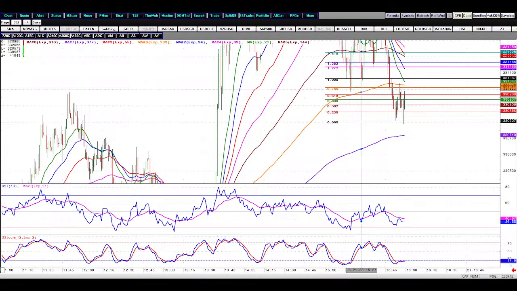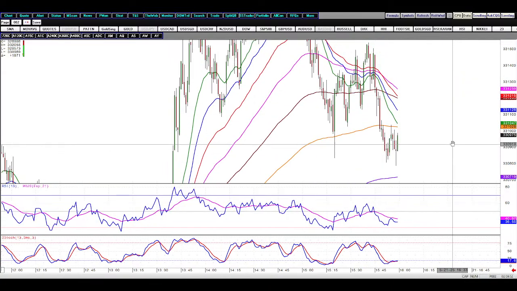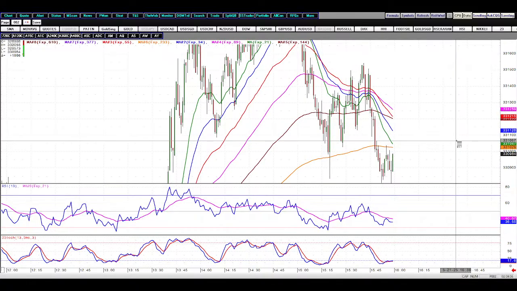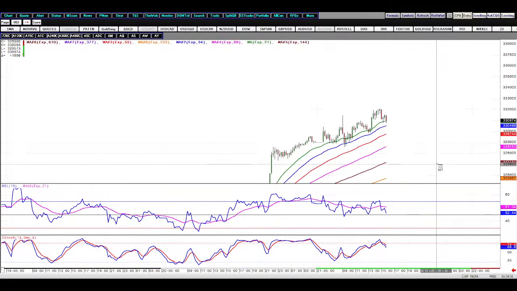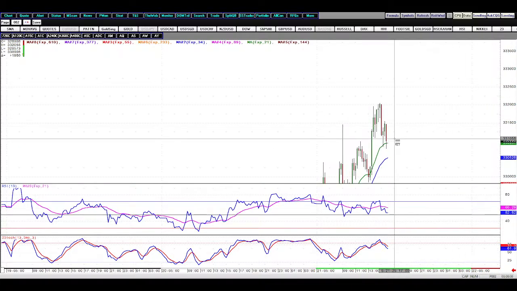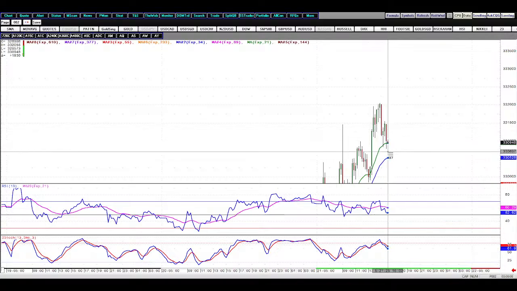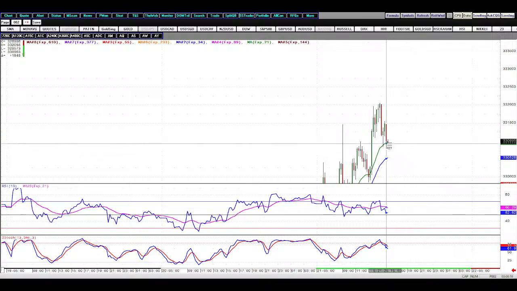Okay, we have 1 more minute. You see, it is trying to break the low, but still not able to hold. So we are into the new time belt now.